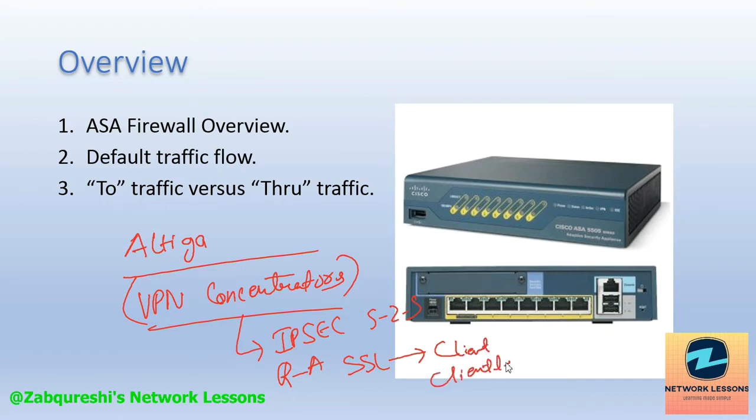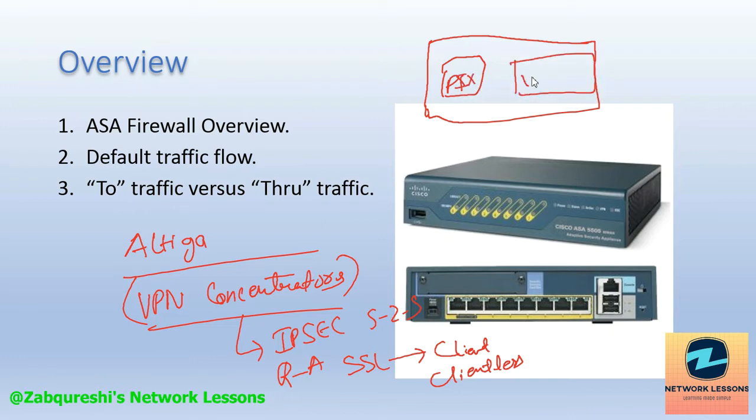So Cisco acquired this Altiga VPN concentrator company in the early 2000s. They mixed these two boxes: their own PIX and the VPN concentrator box. This was called the ASA, and this was the generation of ASA.